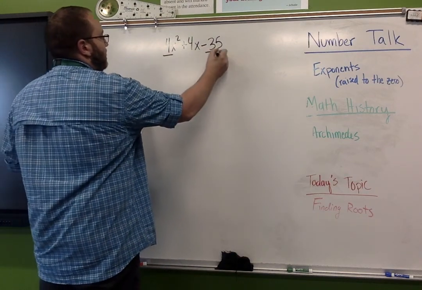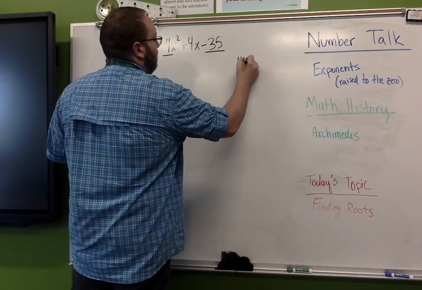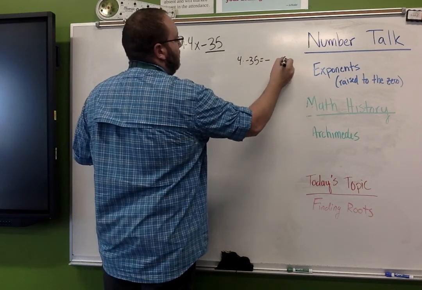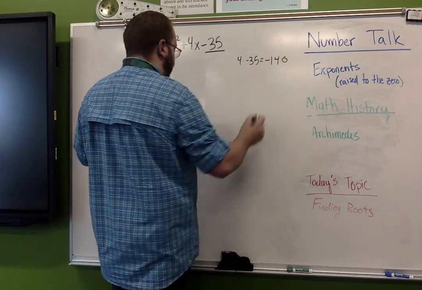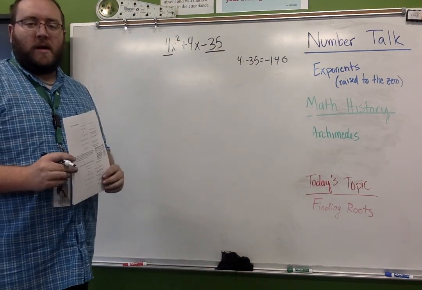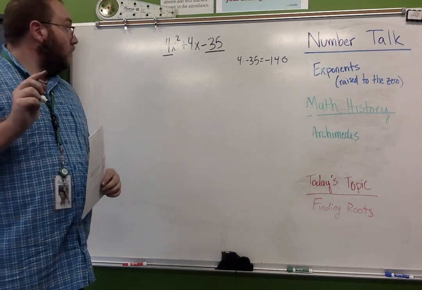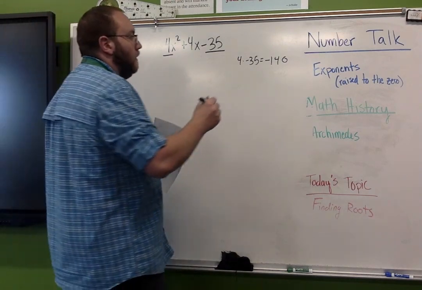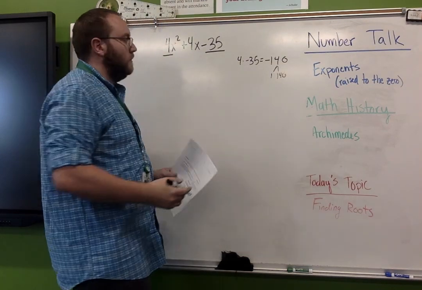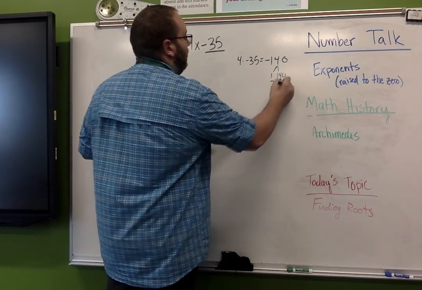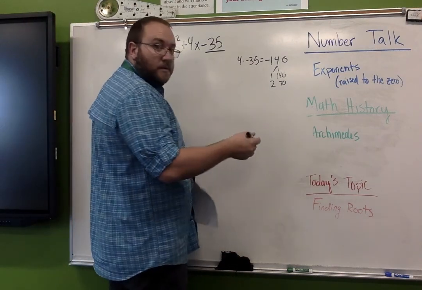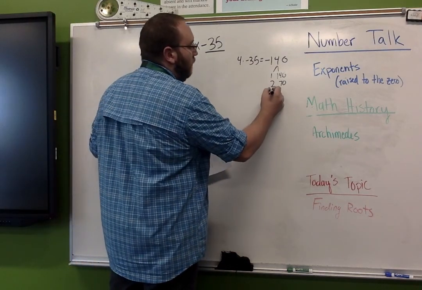So A times C, 4 times negative 35 is negative 140. We want factors of 140 that add to 4. So let's see, 1 and 140, obviously not. 2 and 70, nope. 3 doesn't go into 140, but 4 does.